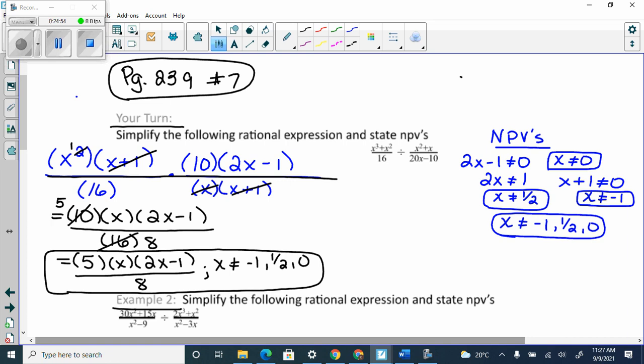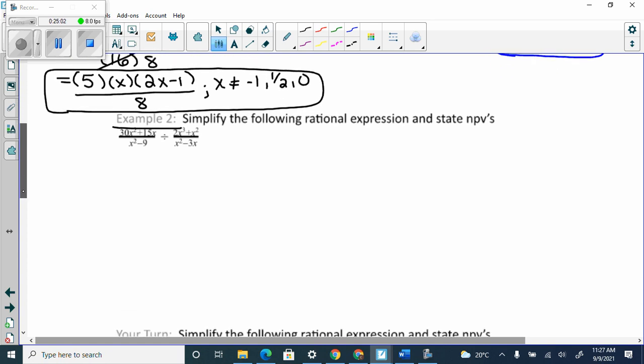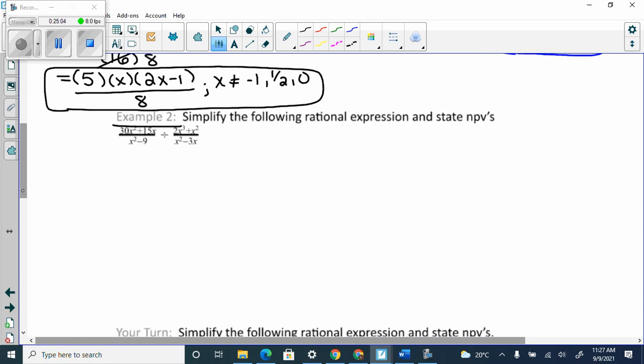How'd you do on the your turn? For example 2, we can take out a 15 and an x. 30x squared divided by 15x is a 2 and an x, plus 15x divided by 15x is a 1.